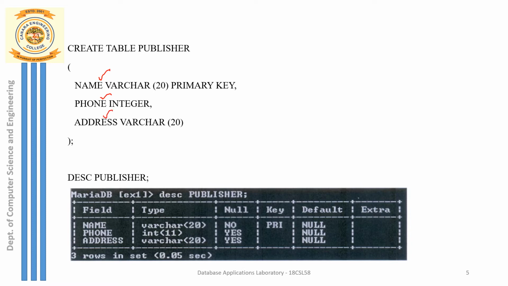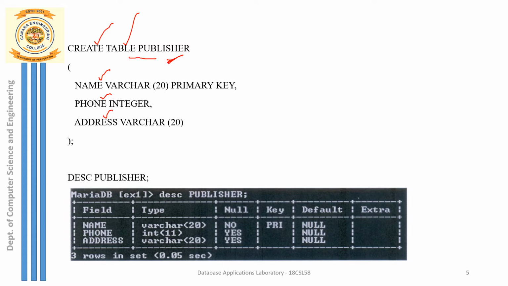So I hope you all know the basics of table creation. You can go through the video on the basics of table creation before you start with the exercise. Directly we will create the table publisher using the SQL command CREATE TABLE, and the table name here is publisher.